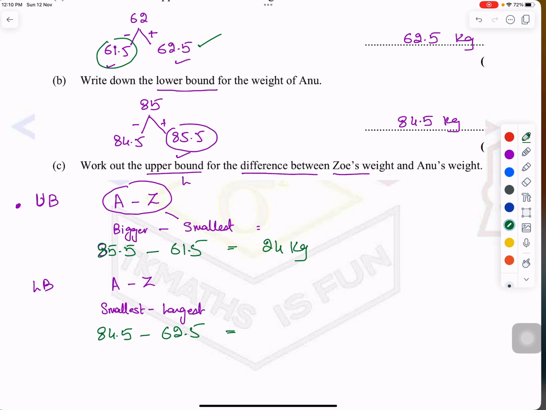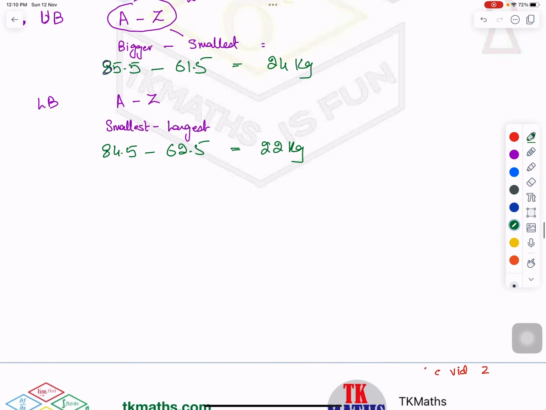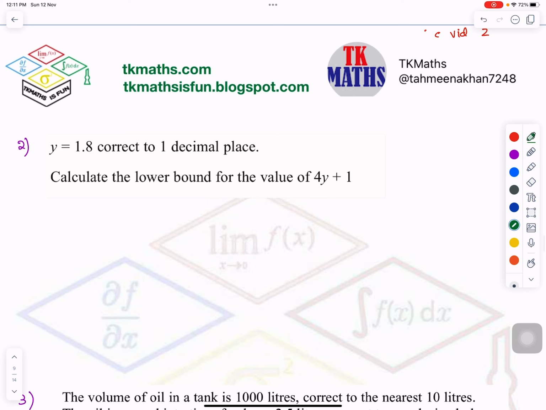So this will be 22 kg. So this is how you find the difference, upper bound or lower bound, or I can say the largest value or smallest value of the difference. I hope you understood. If you did not, or if you have any question, you can write in the comment box. Now let's see this question.